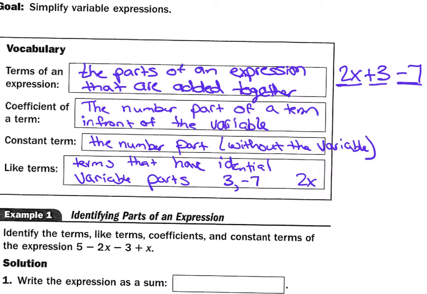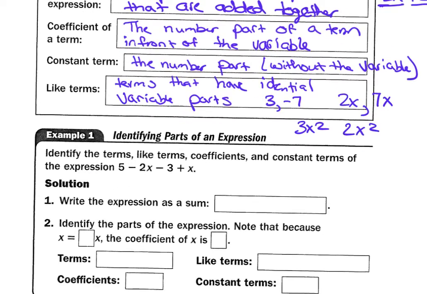Like 2x and 7x are like. 3x squared and 2x squared are like terms. These don't have variables, so they're like terms. This one just has an x, so they're like terms. And that has x squared, so they're like terms.